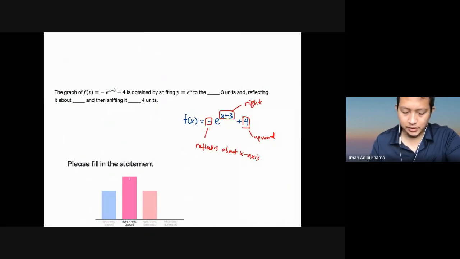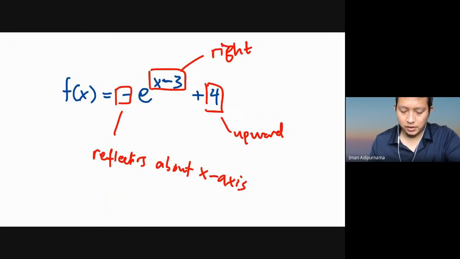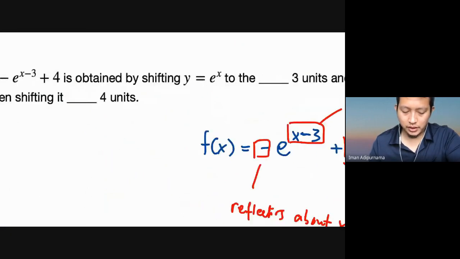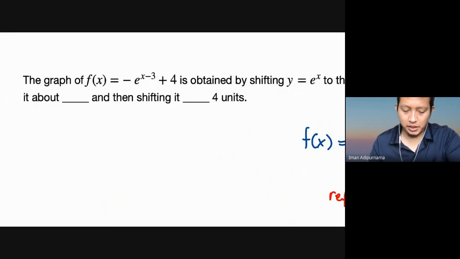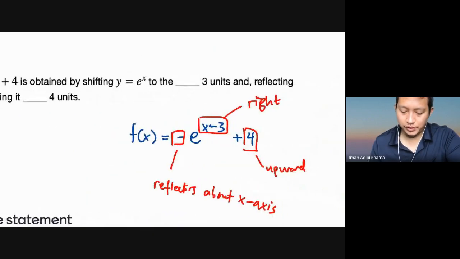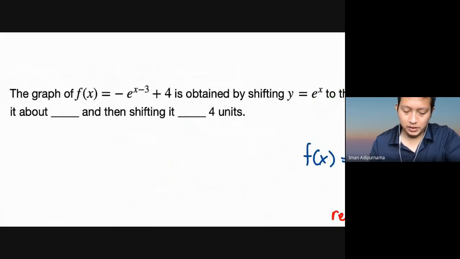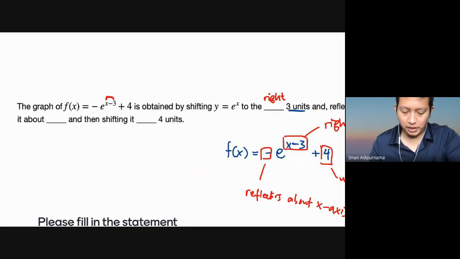Next, you have these functions here. First, what you are looking at is the graph of the function minus e to the power of x minus 3 plus 4, which is obtained by shifting 3 units. So 3 units refers to this, which means it should be to the right, and reflecting it.